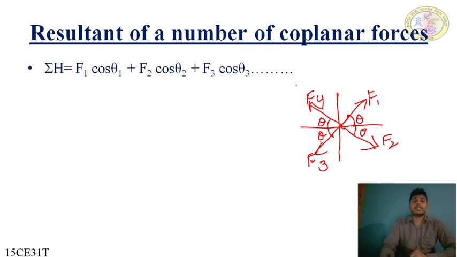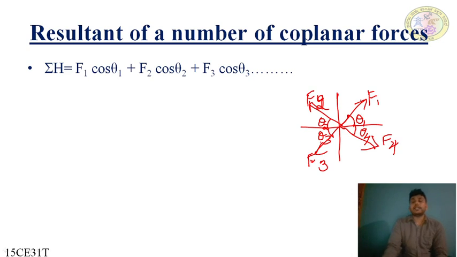We calculate sigma h and sigma v. What is sigma h? It is F1 cos theta 1 plus F2 cos theta 2 plus F3 cos theta 3 plus F4 cos theta 4.